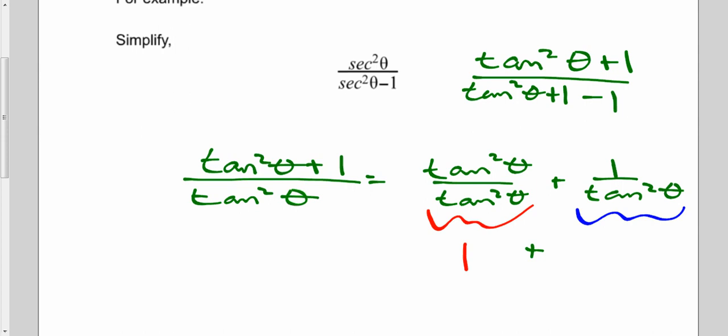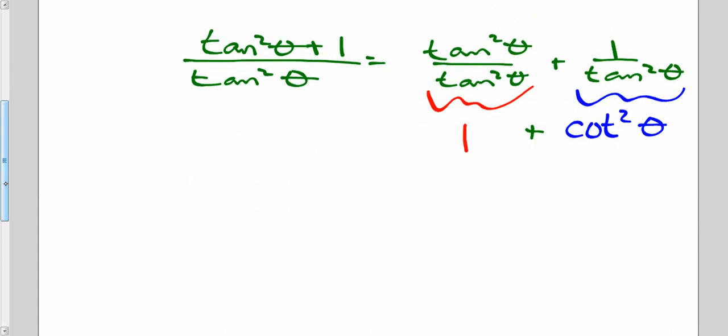Cotangent squared theta. Okay. Now, look back to your identities. Cosecant squared theta. There we go. So this simplifies to cosecant squared theta.